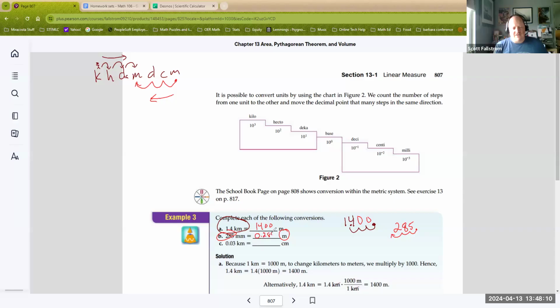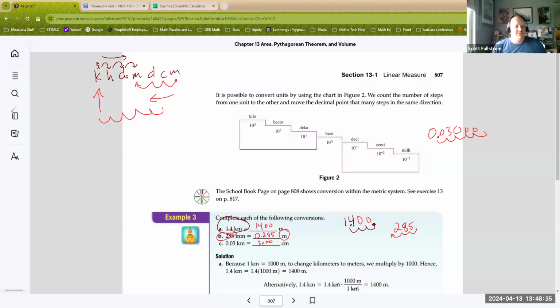This would be 0.285. And if I want to go from kilometers down to centimeters, starting at kilometers, that's 1, 2, 3, 4, 5 steps. So 0.03, and I would move it 5 places. The rest are zeros, and there you have it, 3,000 centimeters.